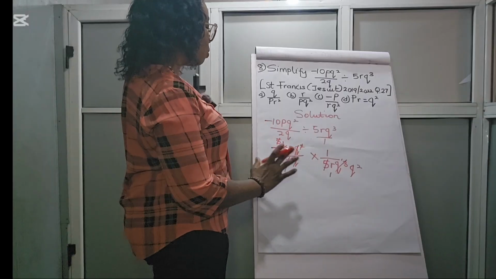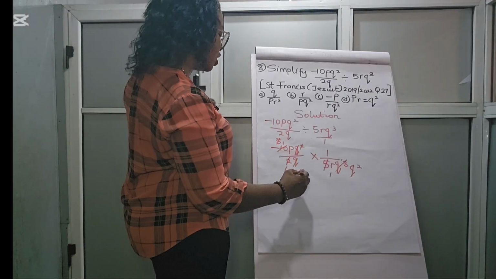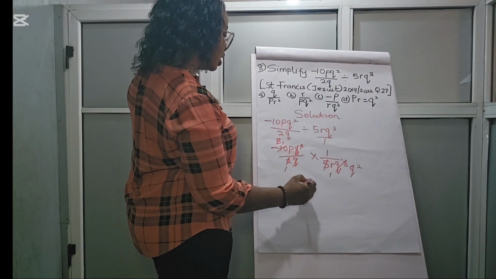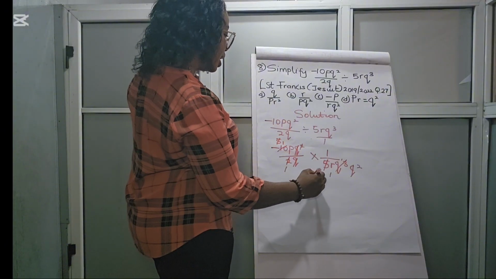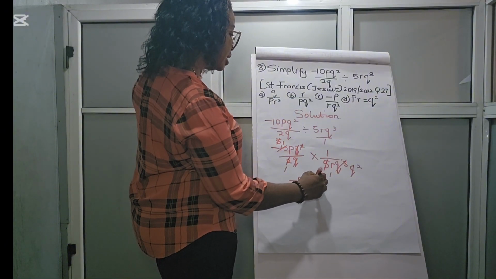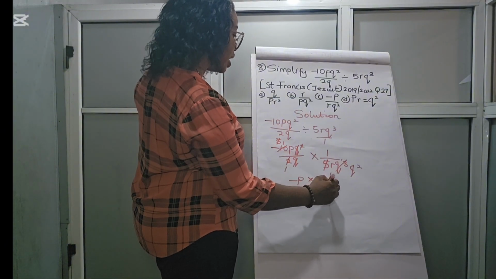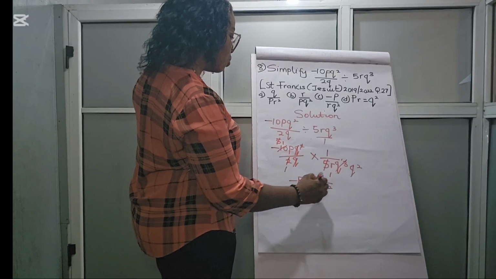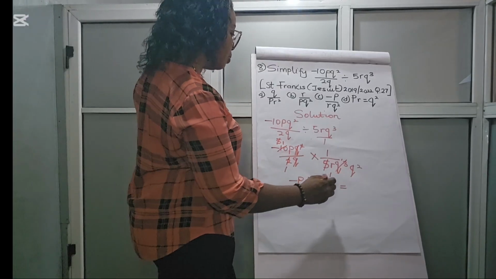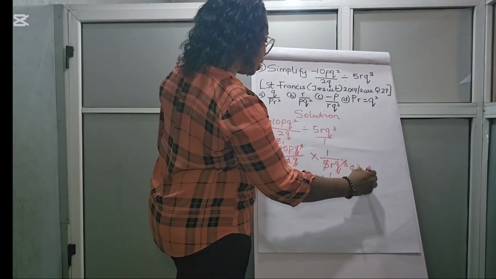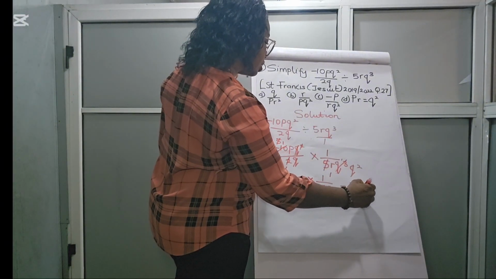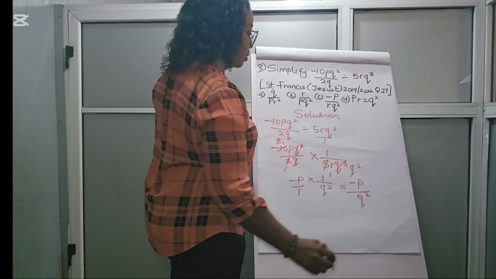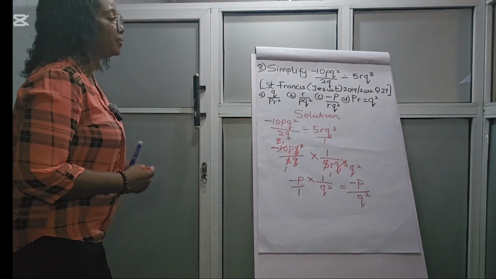So let's write out what we have left. This will be minus p times 1 all over q square. So this is minus p over 1, and what we have here will be minus p all divided by q square. That's our answer.